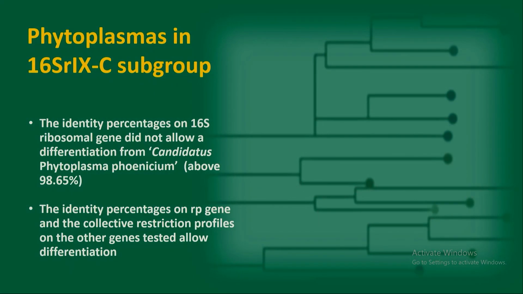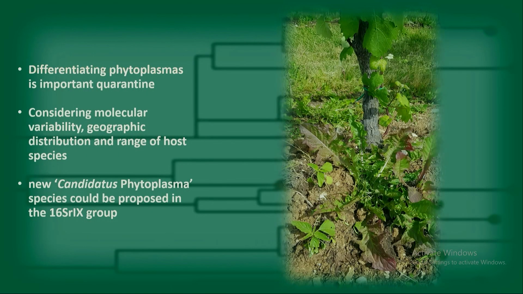So the identity percentage on the 16S ribosomal gene did not allow a differentiation from Candidatus phytoplasma phoenicium according to the proposed identity threshold. The identity percentage on the RP gene and the collective restriction profile on the other genes tested allow differentiation, and differentiating phytoplasmas is important for quarantine.